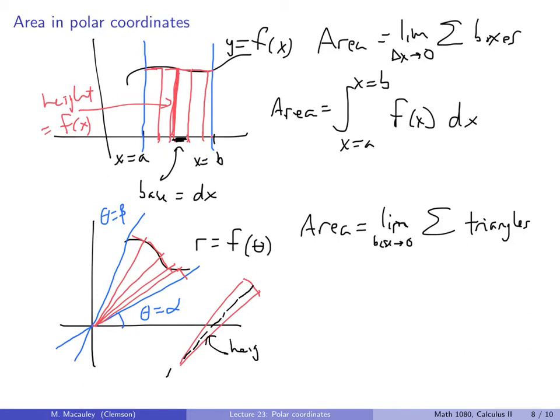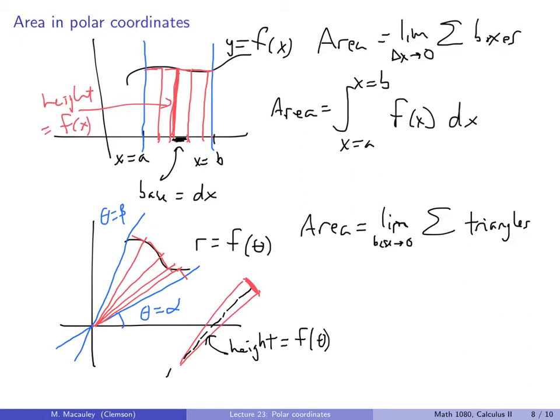What's the height of this line? The height of this is equal to f of theta, right? Now, what's the base of this triangle? I'm going to say d theta, right?